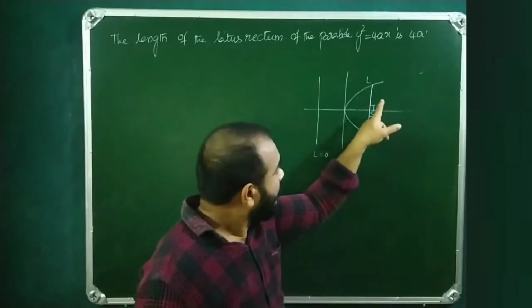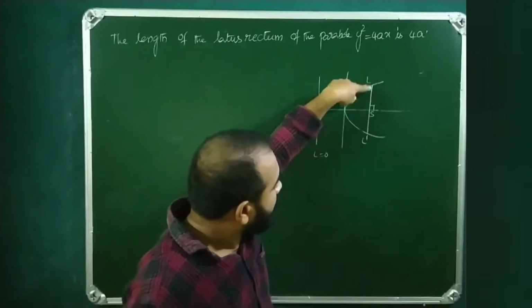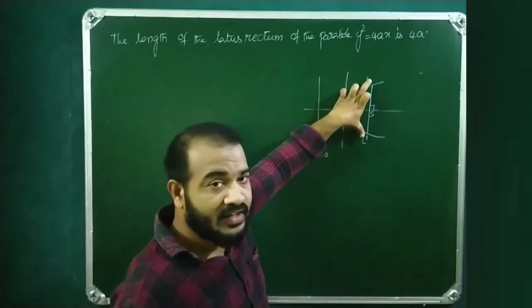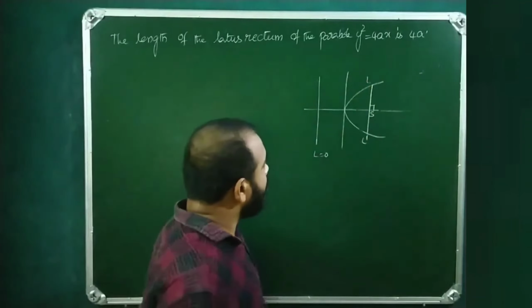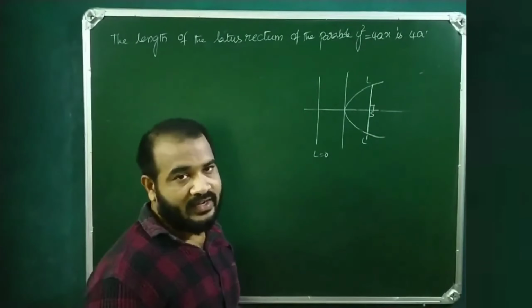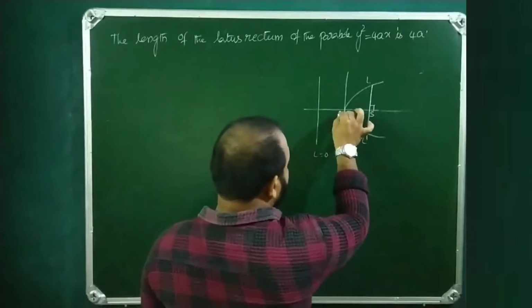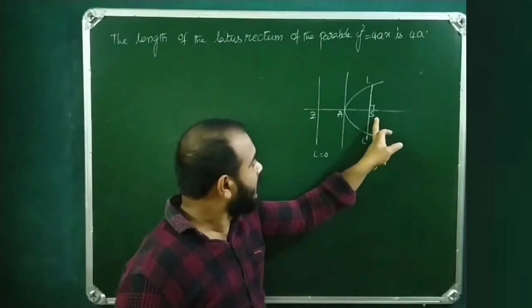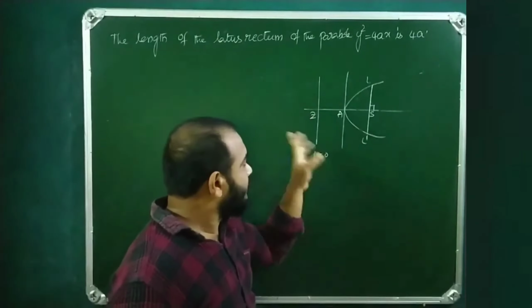So it is a latus rectum. Let L, L dash be the ends of the latus rectum. So this is A and this is Z. Z is the projection of S on the directrix.